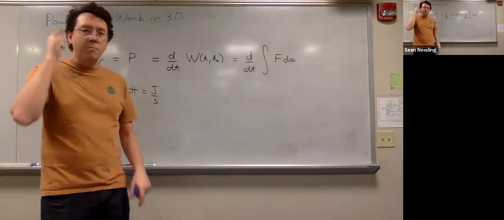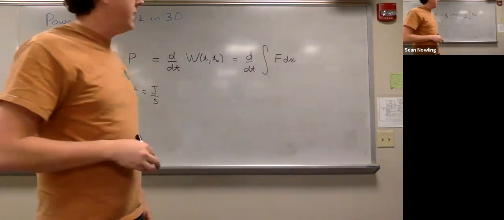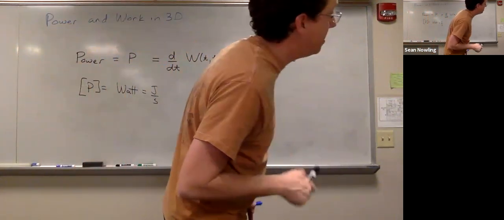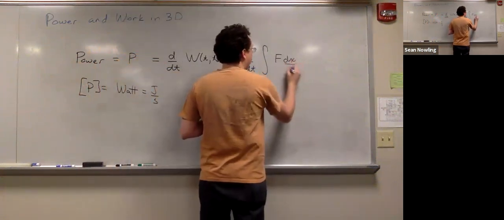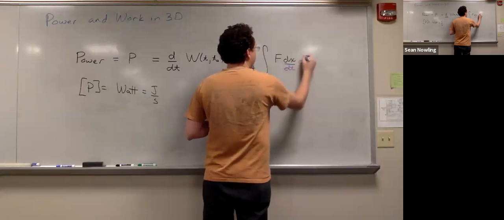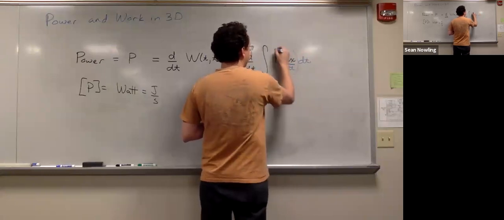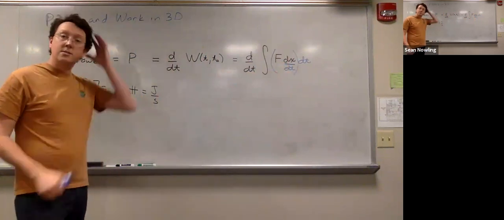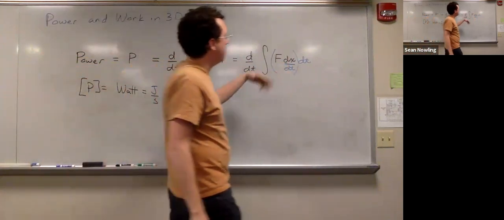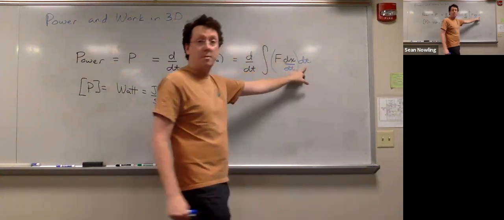And you have to remember the little trick I had for getting this formula: I divided by dt, and I multiplied by dt. So I basically am turning it back into an integral over time.